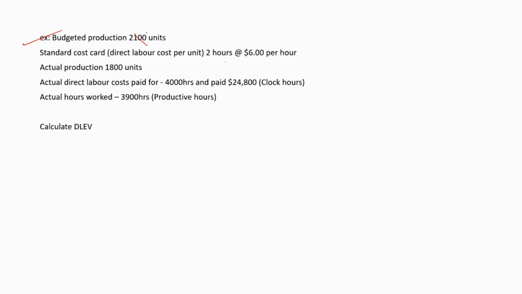We do not consider the budgeted production units. Calculate the direct labor efficiency variance, which is equal to actual productive hours minus standard hours, multiplied by standard rate. Actual productive hours is 3,900 hours, minus standard hours.